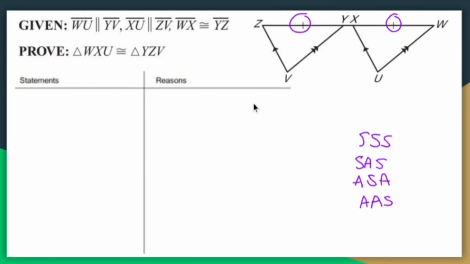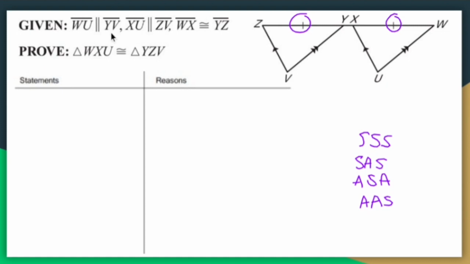Great. What it also gives me is two sets of parallel sides. Now, usually when it gives you parallel lines, you are thinking of alternate interior angles.